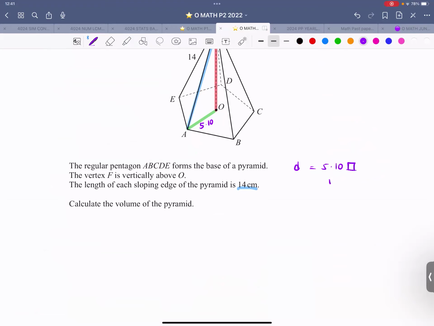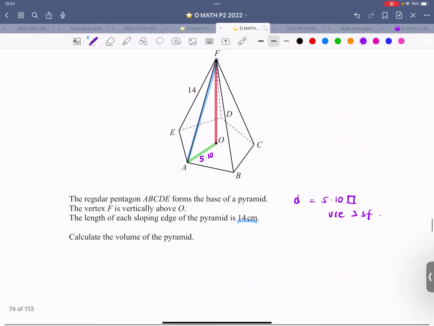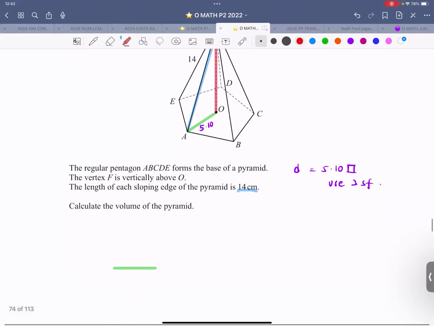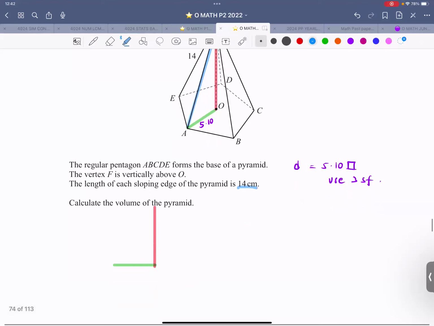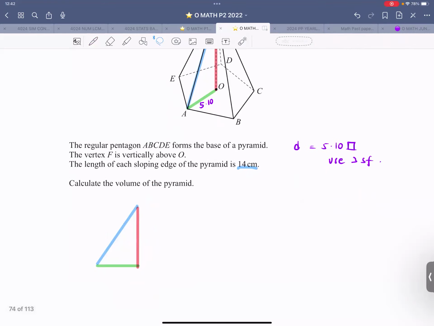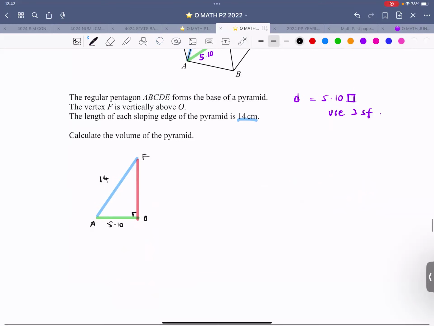And then this is 14. So let me draw this. The reddish one, the long one, is like this, and then the blue one is this thing. So it's a rough diagram. This is F, this is O, this is A, this is 5.10, this is F, this is 14, this is right angle.